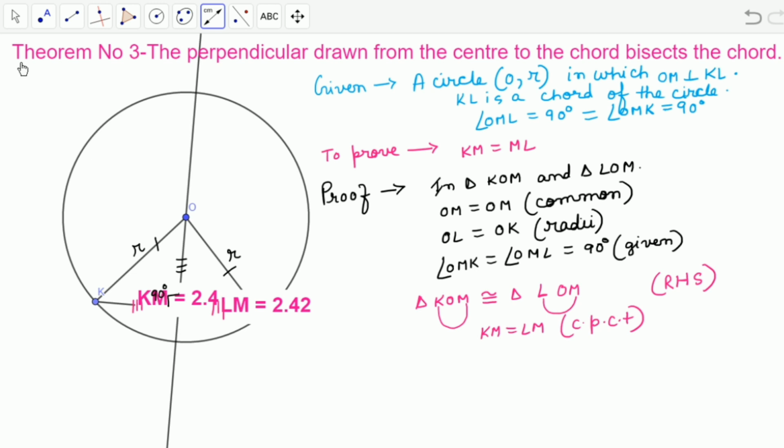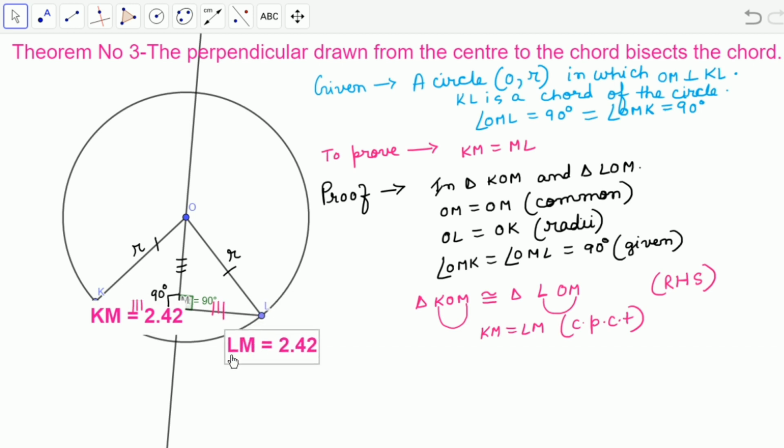That's what we wanted to prove, right? You can see KM is 2.42, LM is also 2.42. So this is also proved by the actual calculation that we took for the chord. So this proves it. Is it clear? So let's move on to the next theorem.